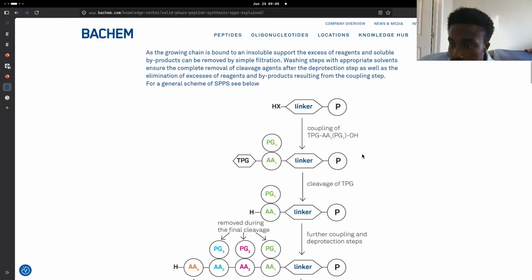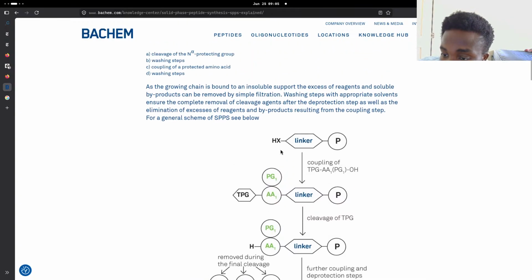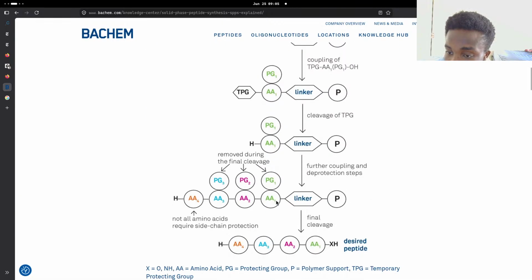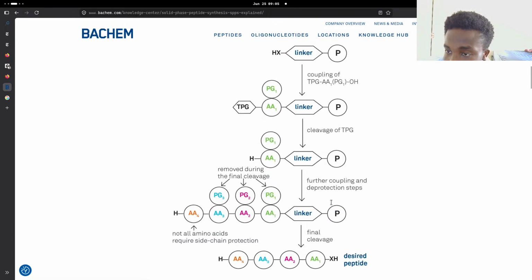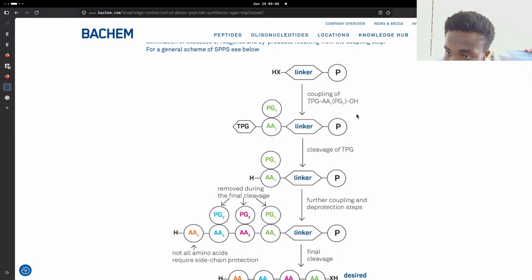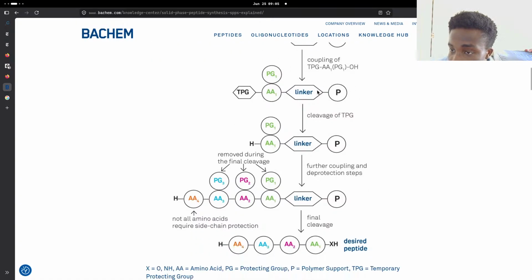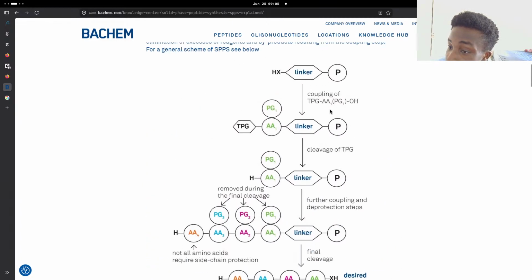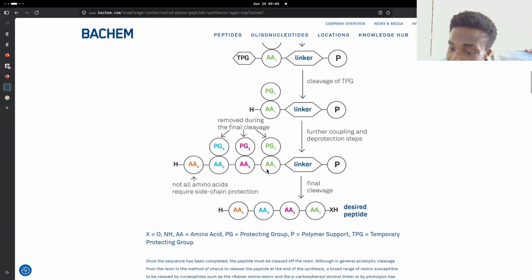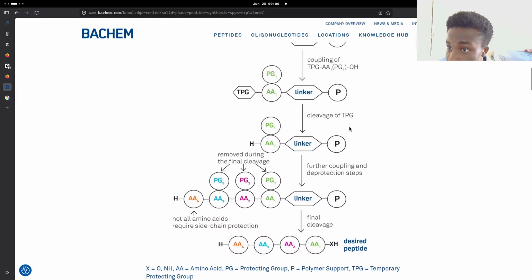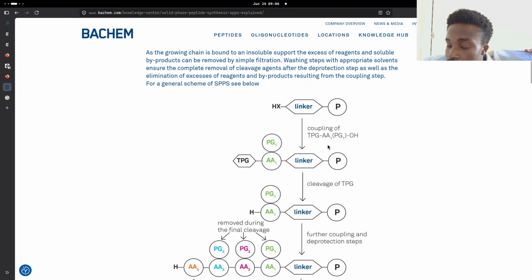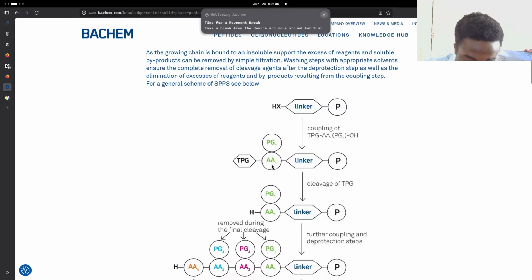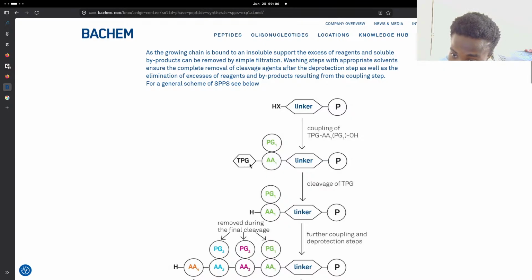Either way, you're going to use context clues. So let's assume the linker is a resin. So OH, linker, P, where P is polymer support. Then TPG, temporary protecting group. I hate when they introduce a new language mid-diagram and you have to keep referencing it. TPG, AA, amino acid. So you introduce the amino acid that has a temporary protecting group.